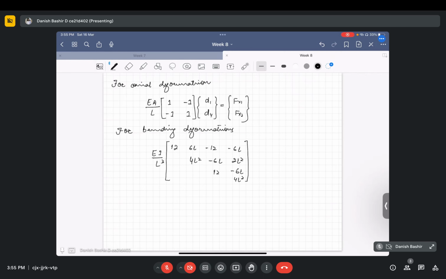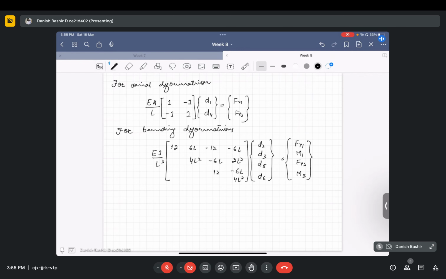The degrees of freedom we have to use here are d2, d3, d5 and d6, since d4 is already used. The bending forces involved are shear force fy1, moment m1, fy2 and moment m2. I hope you people are connecting this. This is very easy.